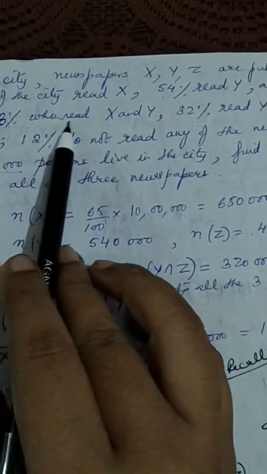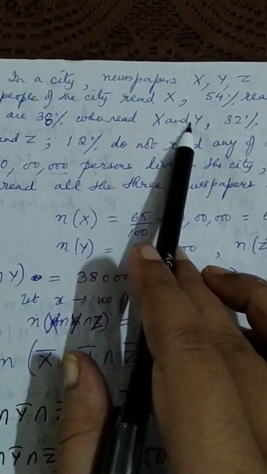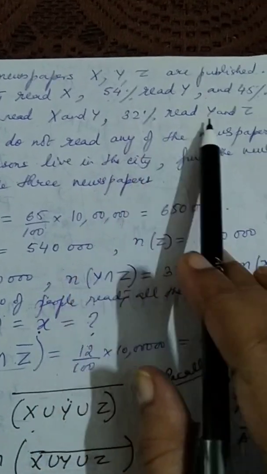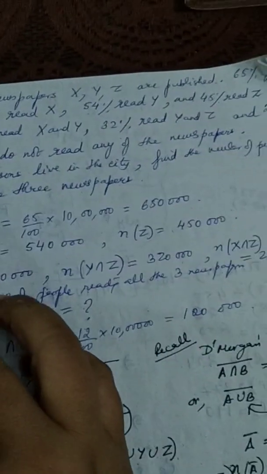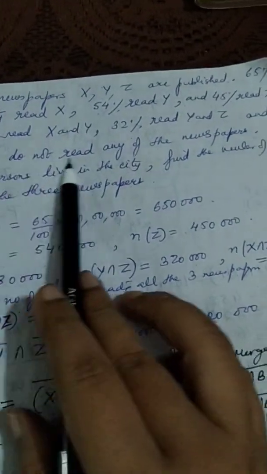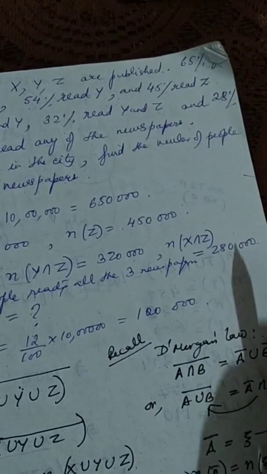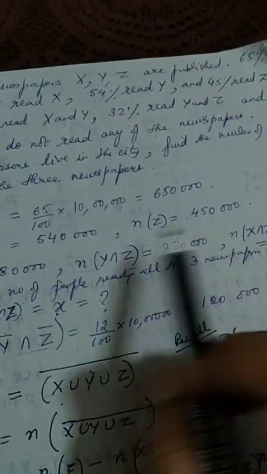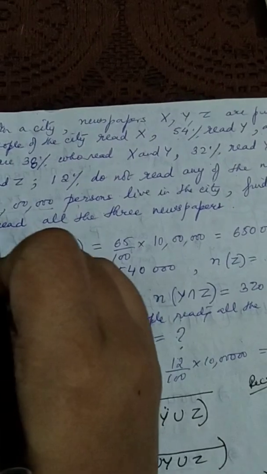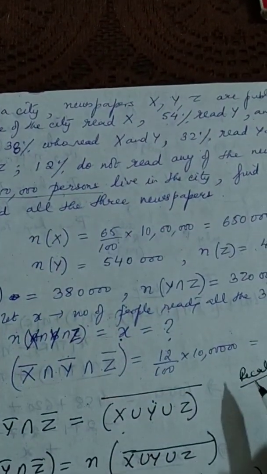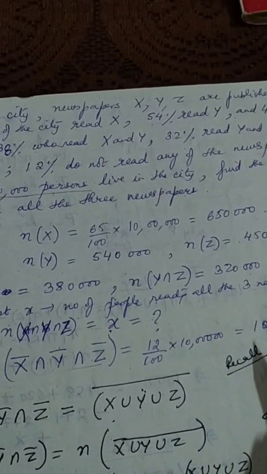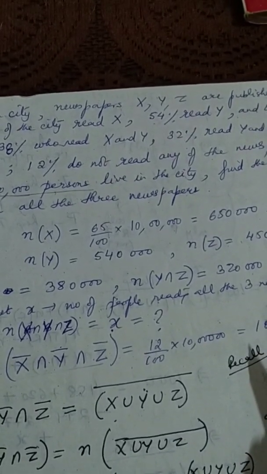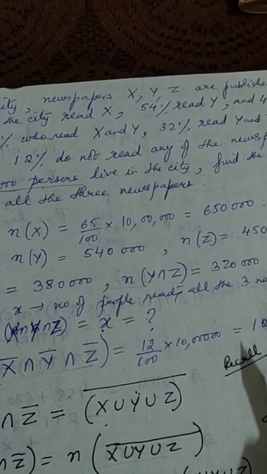There are 38% who read X and Y, 32% read Y and Z, and 28% X and Z. 12% do not read any of these newspapers. Okay. And what else are they saying? If 10 lakh people live in the city, find the number of people who read all the three newspapers.